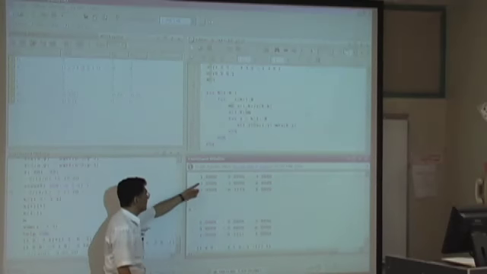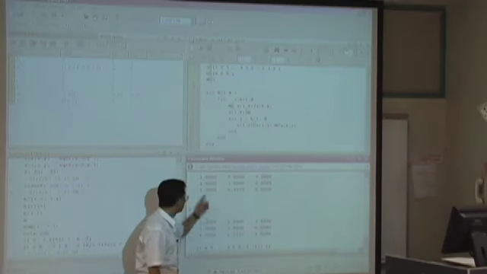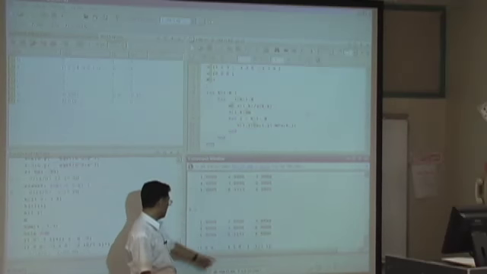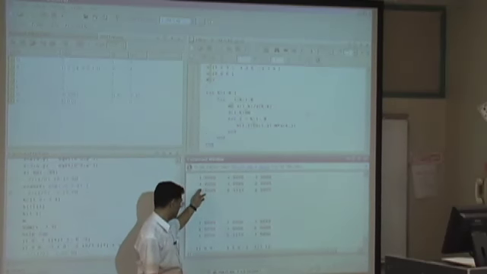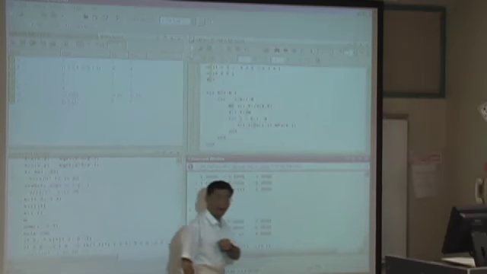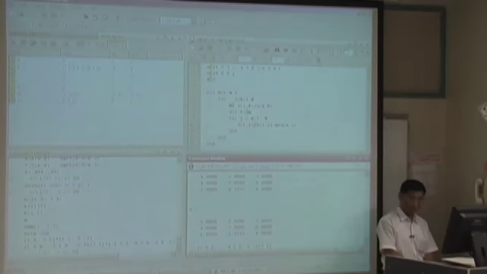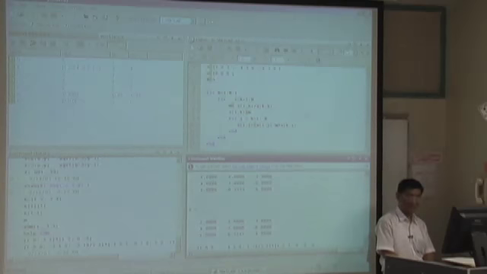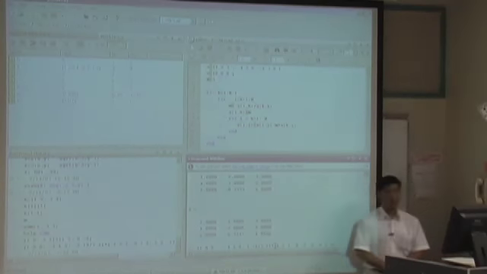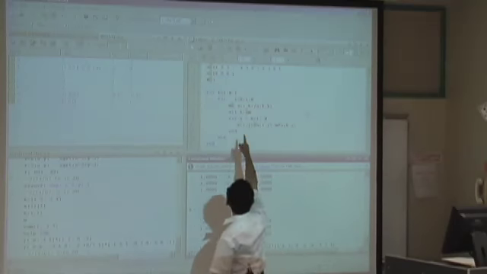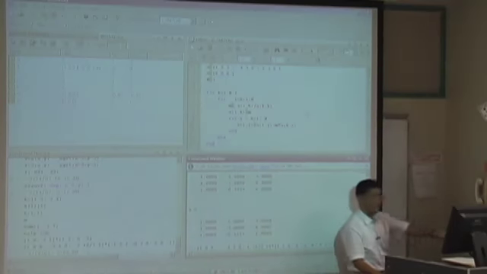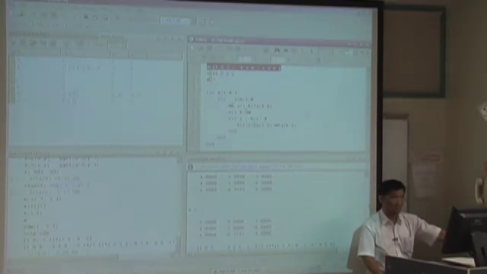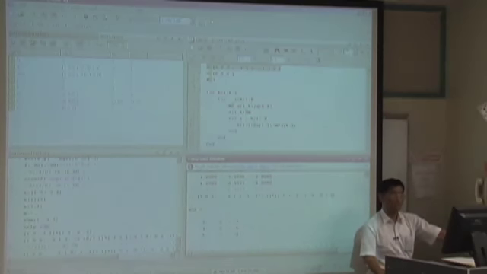And then the lower entries are determined by these numbers: 4 is here, 1 is here, negative 1/3 is here. Multiply by the upper triangular matrix, which is 1, 2, 3, 0, minus 3, minus 6, and then 0, 0, 4. Then we should get the original matrix. So let's do it. Did we get it?